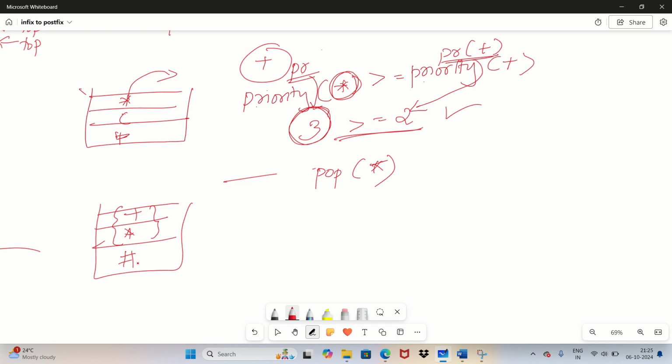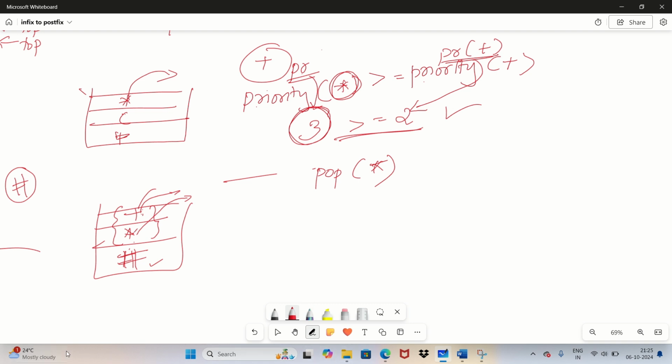At that time you have to pop out all these operators till you reach the hash. Remember, when you start the infix expression, you push the hash by default. This hash indicates whether you have reached the end of the stack or not. Now these two operators are remaining even though the infix expression is over, so just pop out the plus and pop out into.